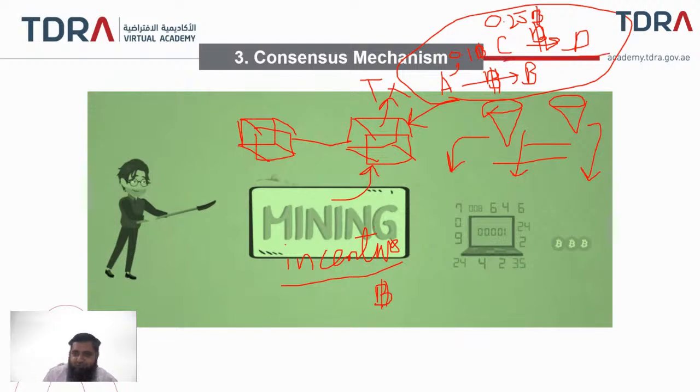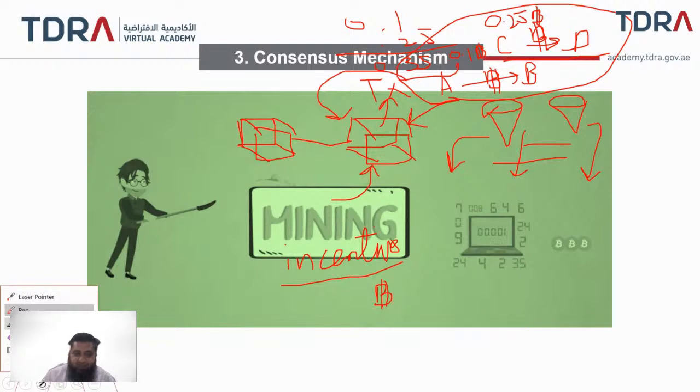When these two transactions become part of the block, this extra amount, 0.1 and 0.25, a total of 0.35, is paid to the person who successfully added the block to the blockchain. So this process is called mining.